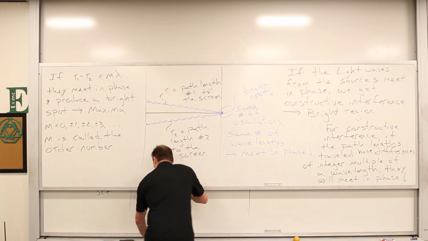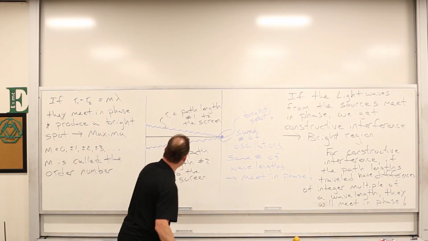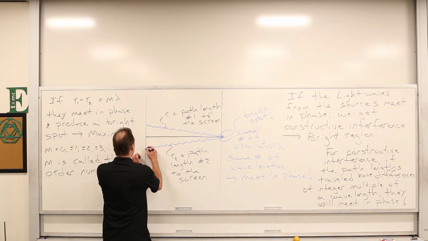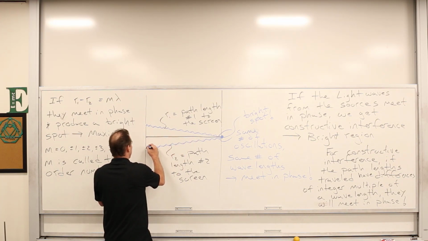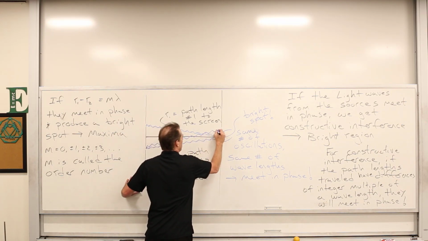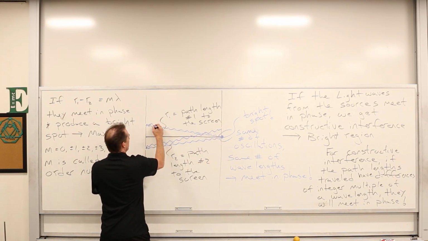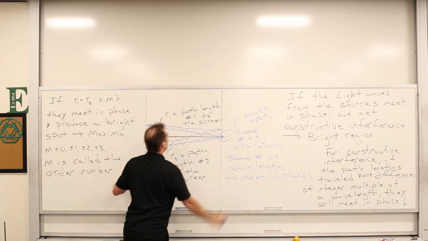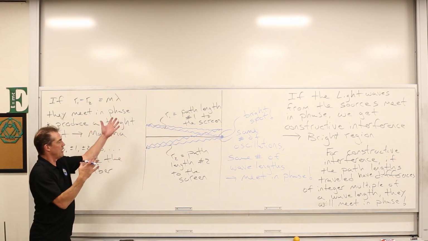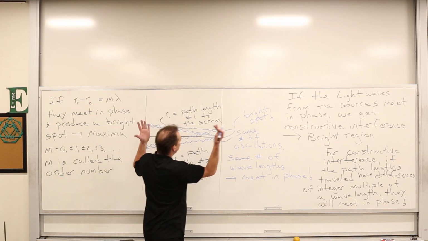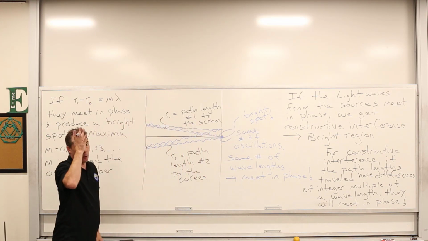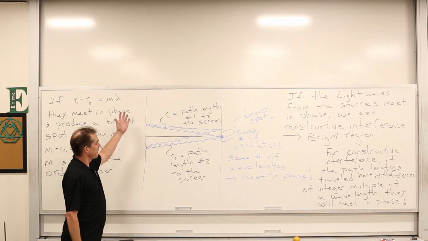If I have another beam, or another path, it's like this. We can meet over there in phase, and I can produce another bright spot, where one has undergone 1 or 2 or 3 more oscillations than the other.